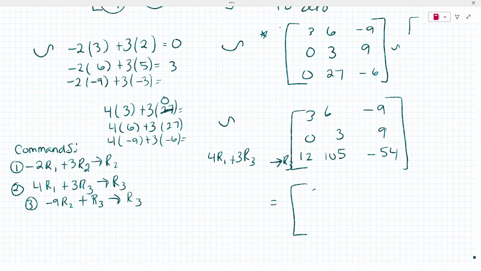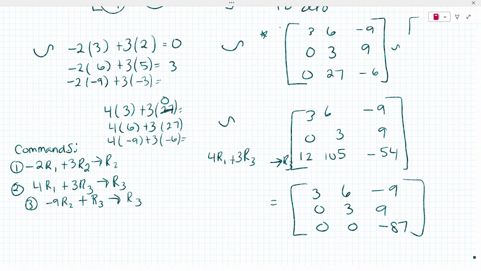You could put this in the calculator, or you could do it by hand. But the point is, you want this lower triangle to be zeros, right? You want this to be 0, 0, 0, and then the rest are numbers. And then you want to be very careful with your commands.